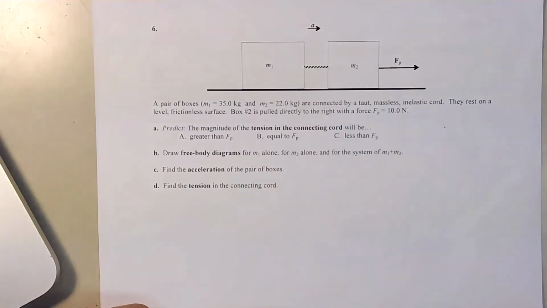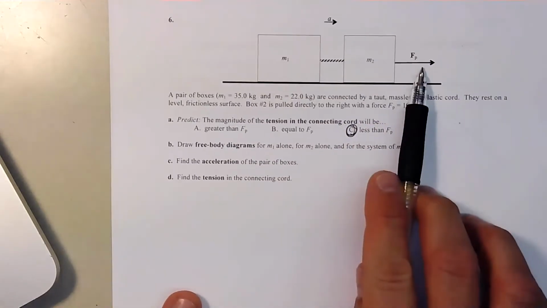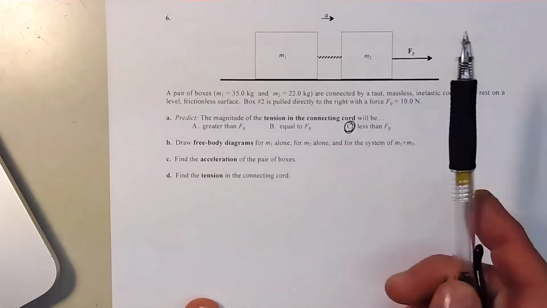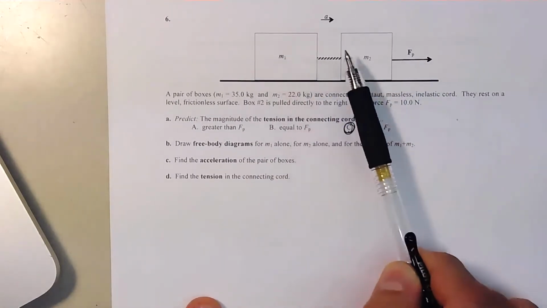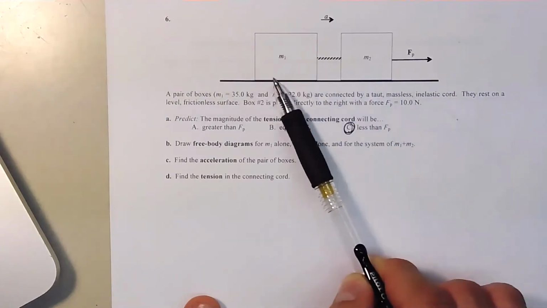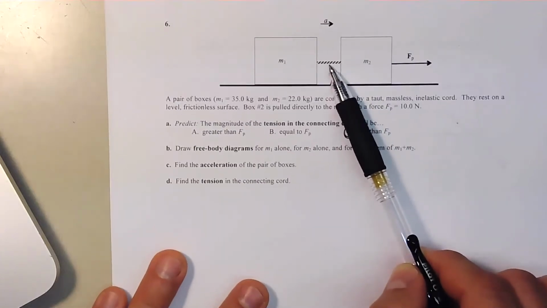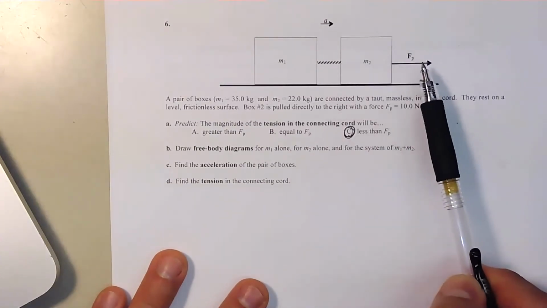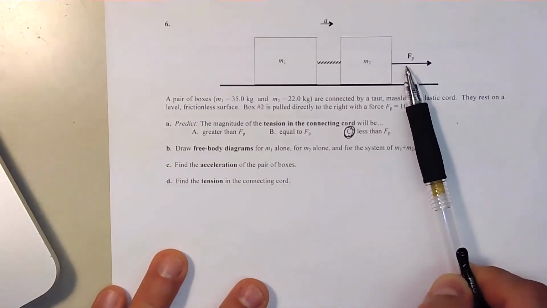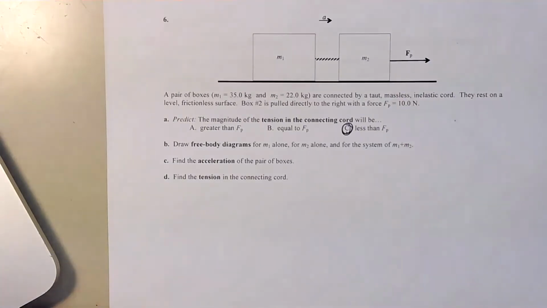And that's my prediction, that it will be less than 10 newtons. It looks like if this is 35 kilograms and that's 22 kilograms, maybe 60% of the mass of the system is in M1. So I'm going to guesstimate that the tension in this connecting cord is probably around 60% as much as Fp, so maybe 6 newtons, something in that ballpark.